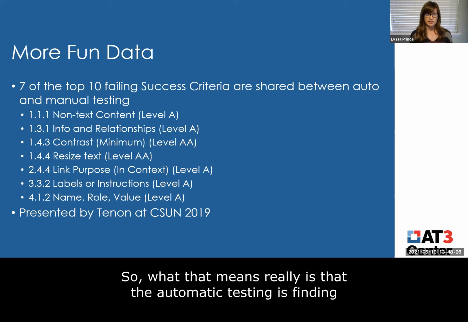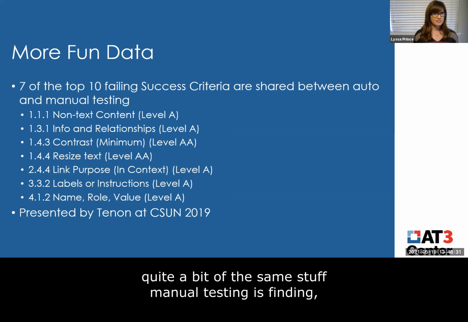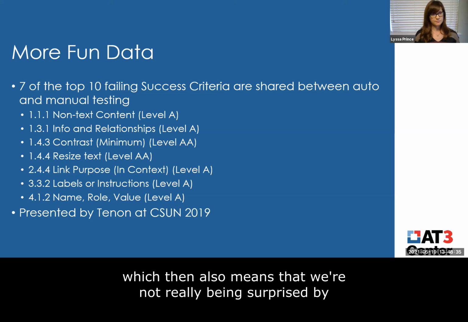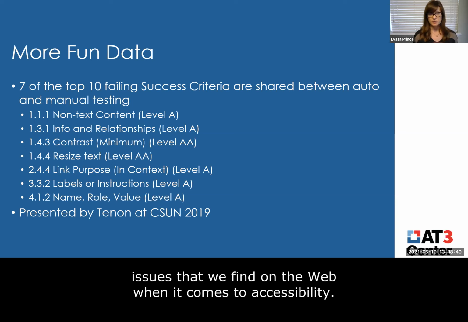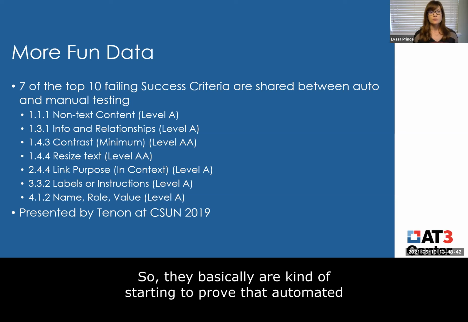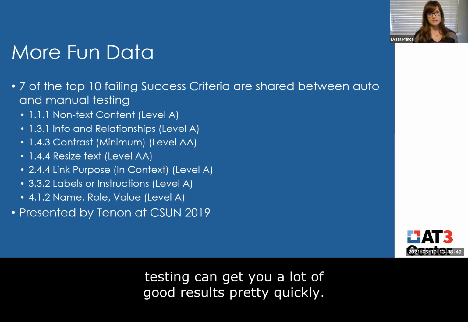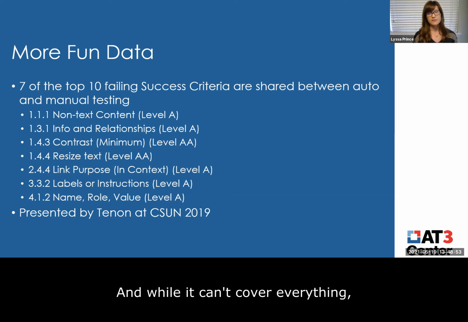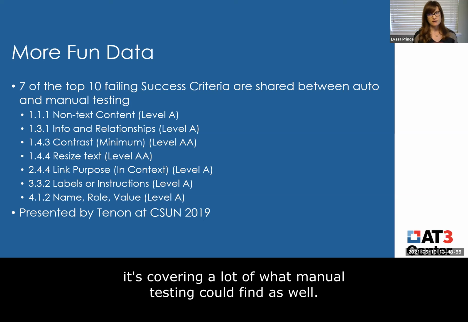What that means is that automatic testing is finding quite a bit of the same stuff manual testing is finding, which also means that we're not really being surprised by issues that we find on the web when it comes to accessibility. So they are starting to prove that automated testing can get you a lot of good results pretty quickly. And while it can't cover everything, it's covering a lot of what manual testing could find as well.